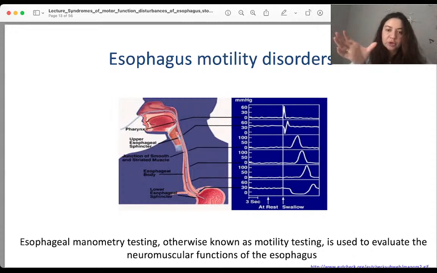And over some time, usually during the day, it checks pressure in the lower esophageal sphincter. It is also known as motility testing, and it is used to evaluate the neuromuscular functions of the esophagus.